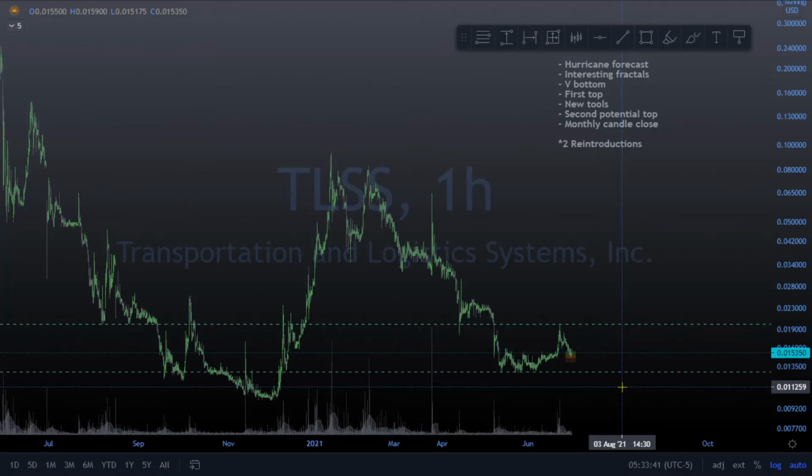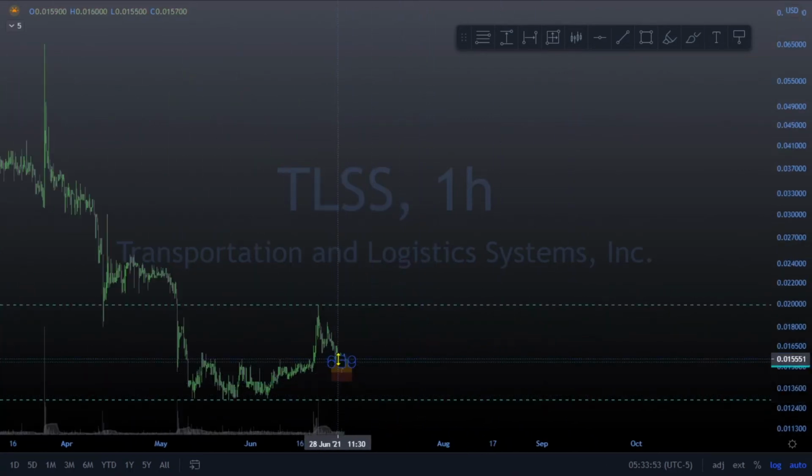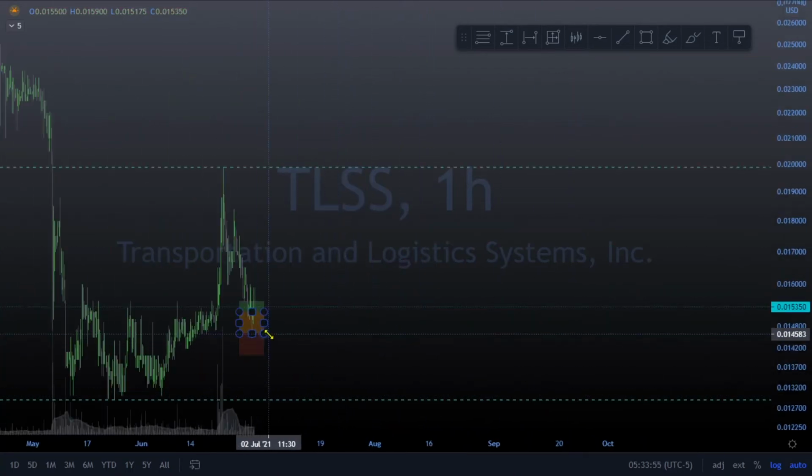Who knows if it is or if it isn't, or it could be quick and somewhat painless, and we can get right on out of here. Only time will tell on that. It did hit my box perfectly. That is so cool to see in my chart.